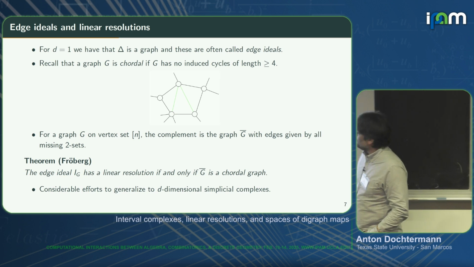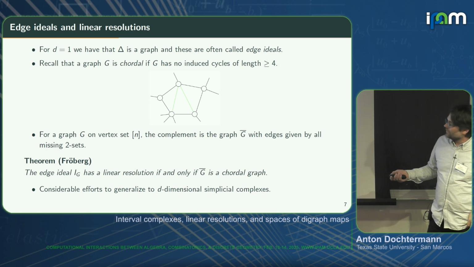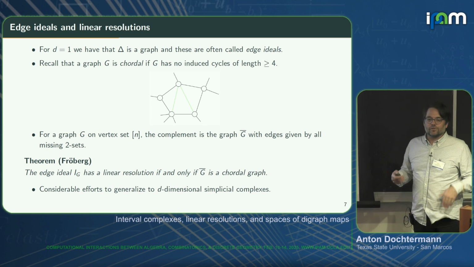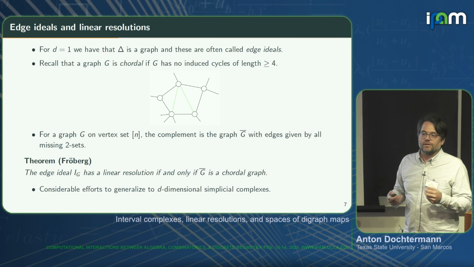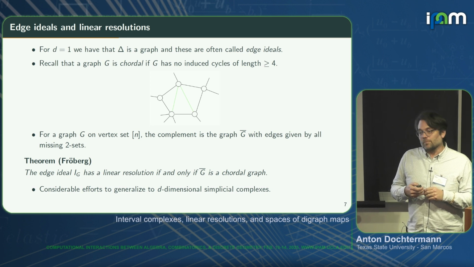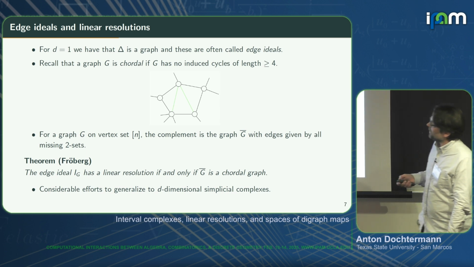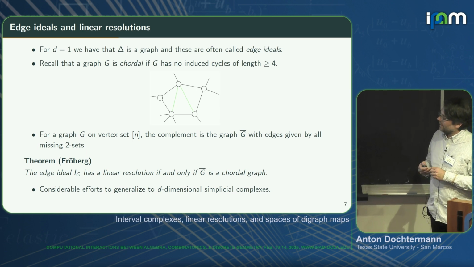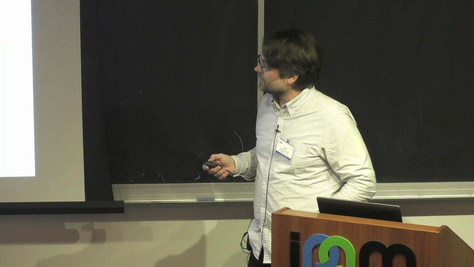Maybe it's cooled off now, but maybe 5-10 years ago there were considerable efforts to try to generalize this to higher dimensions. How do I characterize linear resolutions of square-free monomial ideals in terms of some combinatorial property of the simplicial complex or hypergraph? I think there are reasons why you can't do it, but maybe that's a discussion for another time.